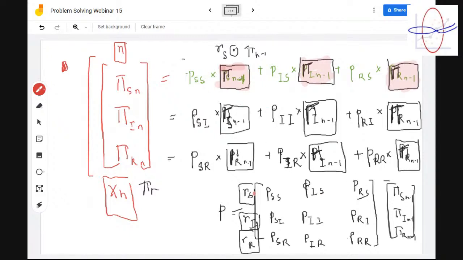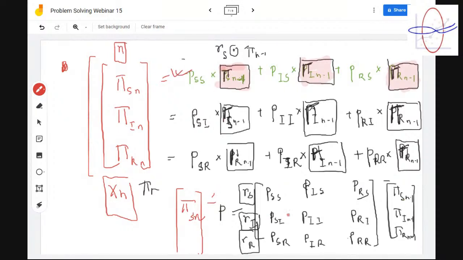Do you know matrix multiplication? Yes, sir. Can you do this matrix multiplication of this row and this column? Observe that the first one is this times this. So the first number is pi of Sn, which must be equal to this times this.